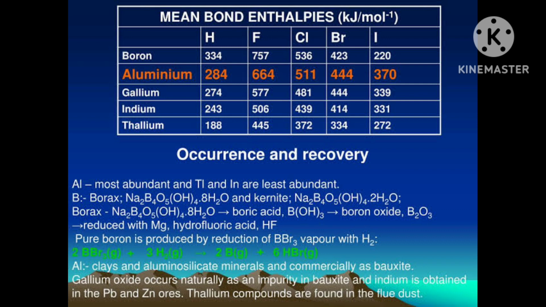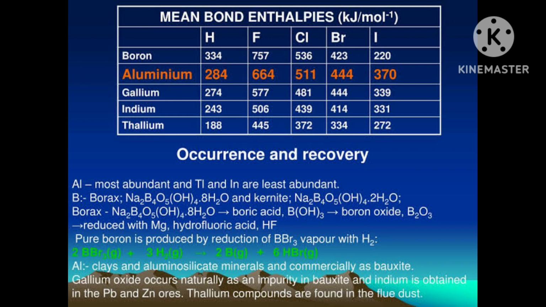Positive charge increased, but electrons are not shielding the outermost electrons properly. Many d electrons are there between the nucleus and outermost orbit, so they are not shielding properly. That's why the atomic radius decreases.